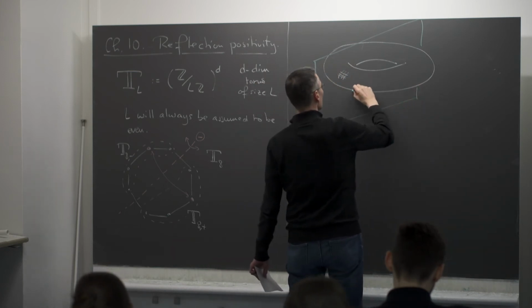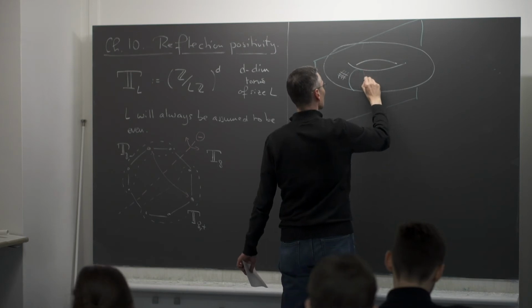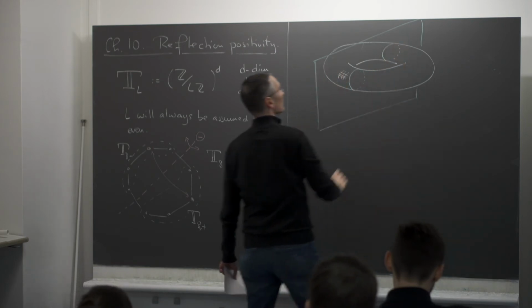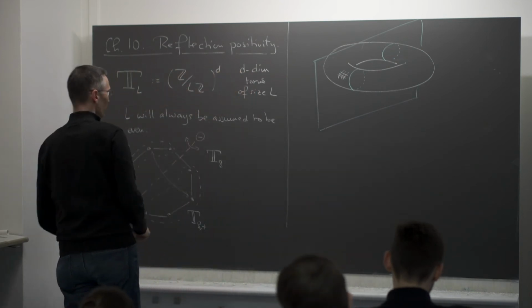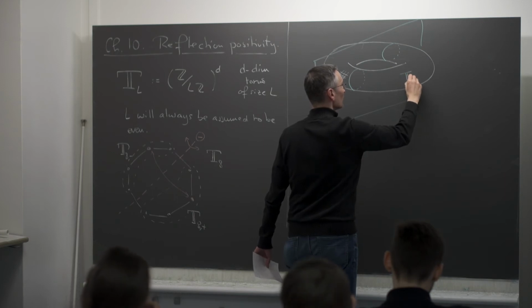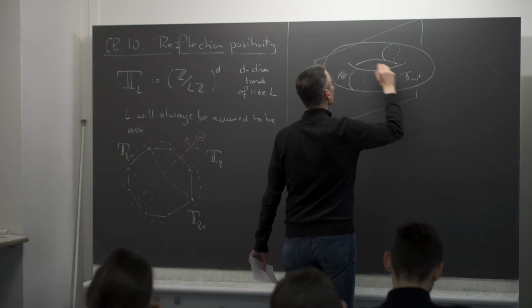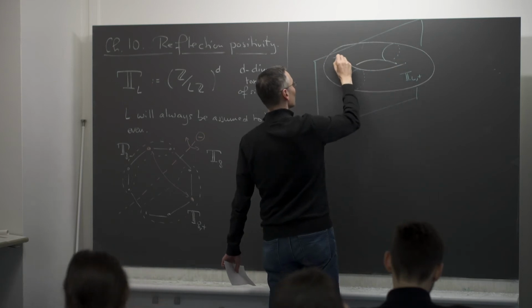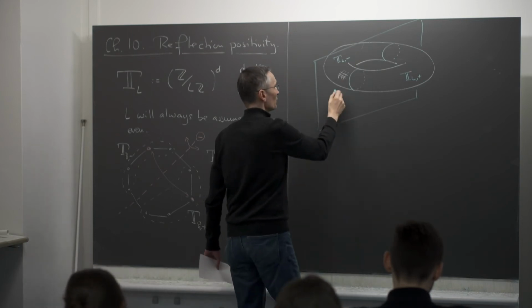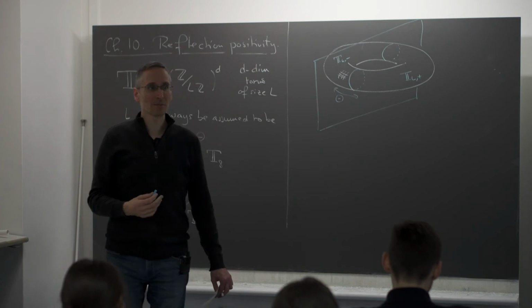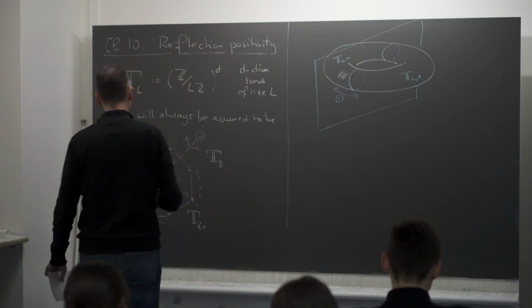And then this plane is intersecting the torus here and there. And then this cuts the torus into two pieces, which will be T L plus and T L minus. This half of the torus and this half, and then we have a reflection through this plane that I call theta. I hope it's clear what I mean by reflection.